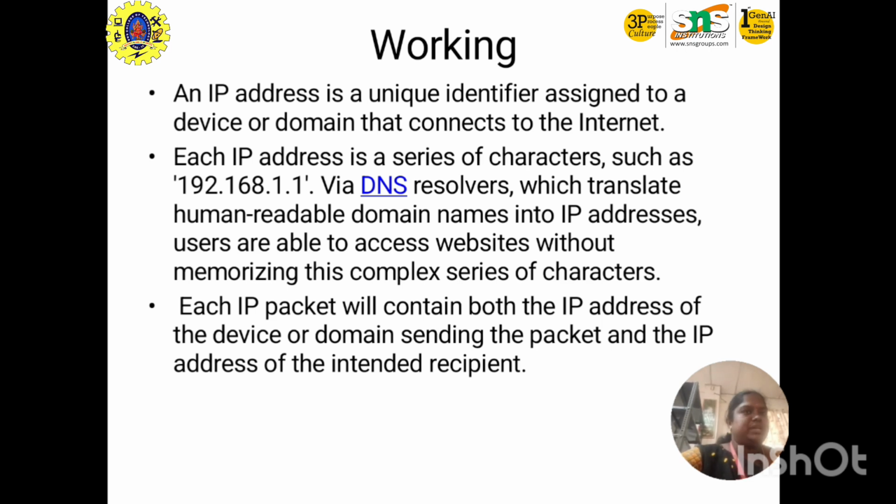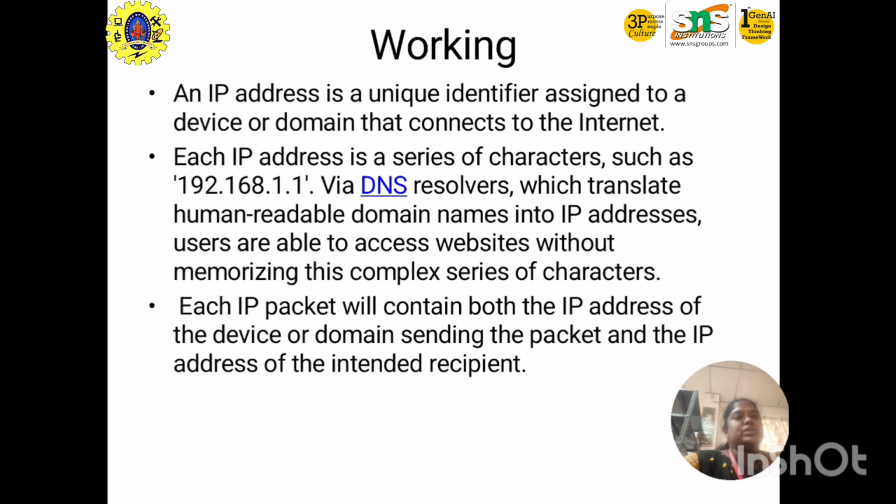To connect to a device we need to know its IP address, but memorizing a complex series of characters is very difficult for the user, so they use human readable domain names through the DNS resolver.